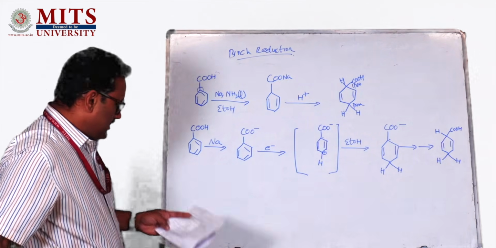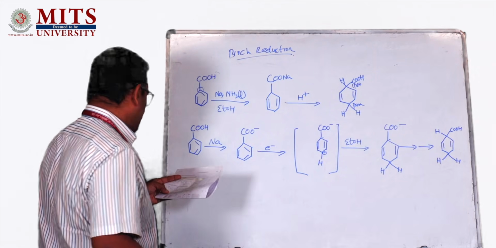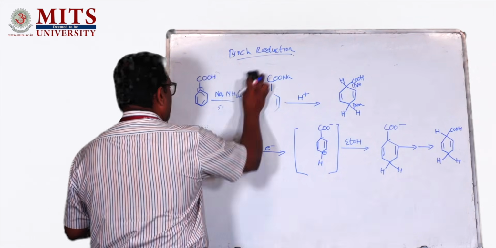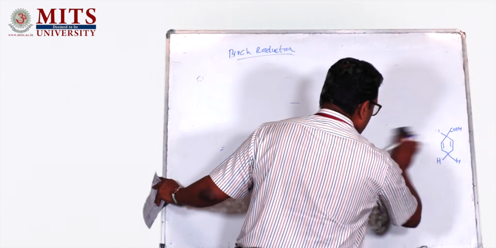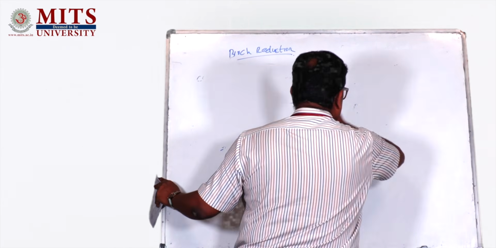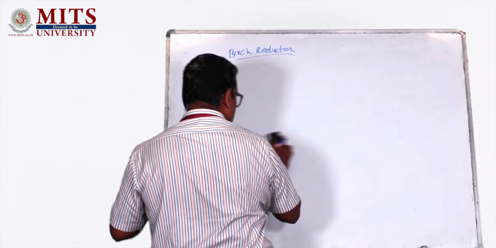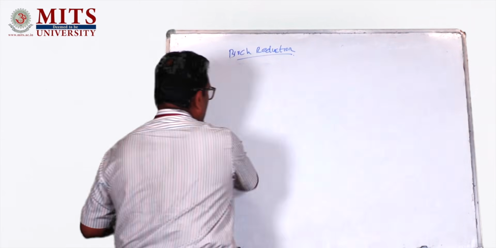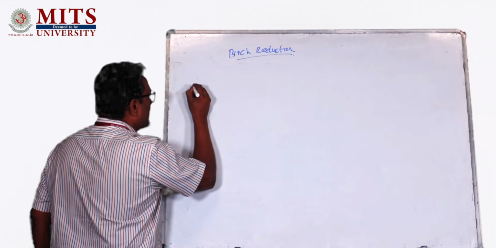Now, let's look at what will happen if an electron donating substituent is present on the benzene ring. Let us take the example of anisole.